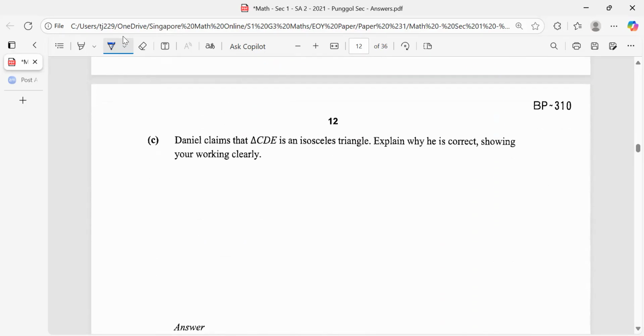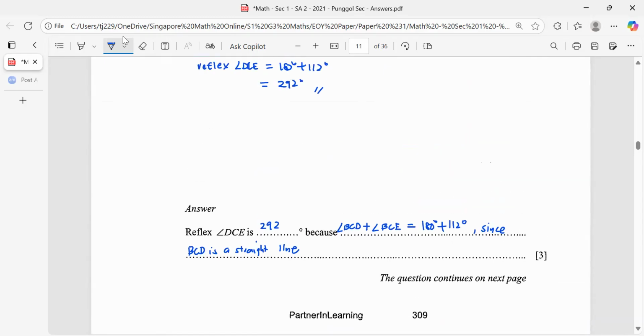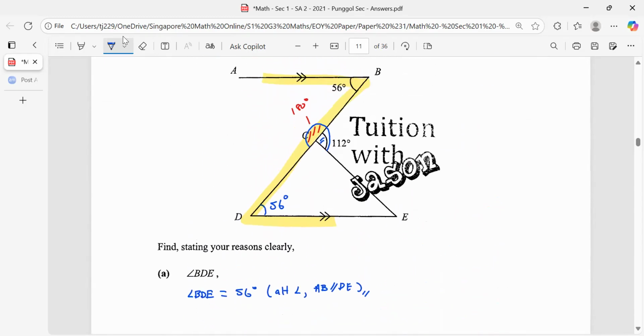Now let's see the next one. Daniel claims that triangle CDE is an isosceles triangle. Explain why he is correct, showing your working clearly. CDE. So before we can say whether his claim is correct, we will need to find another angle.